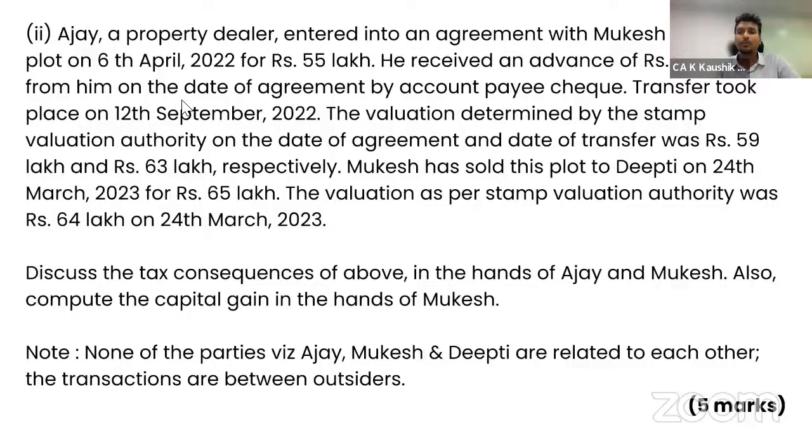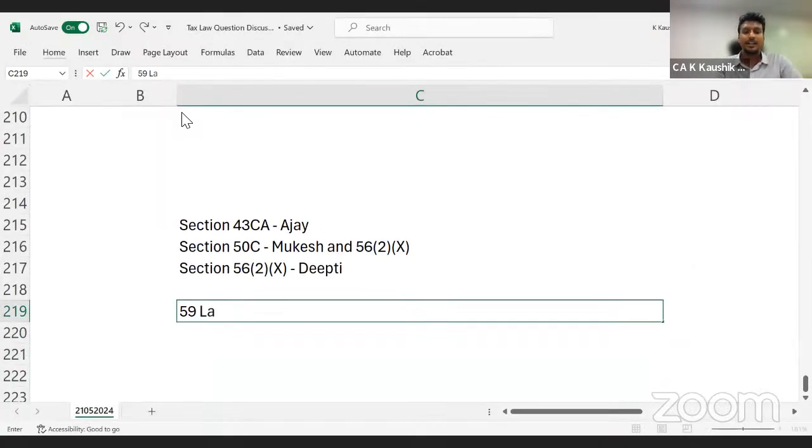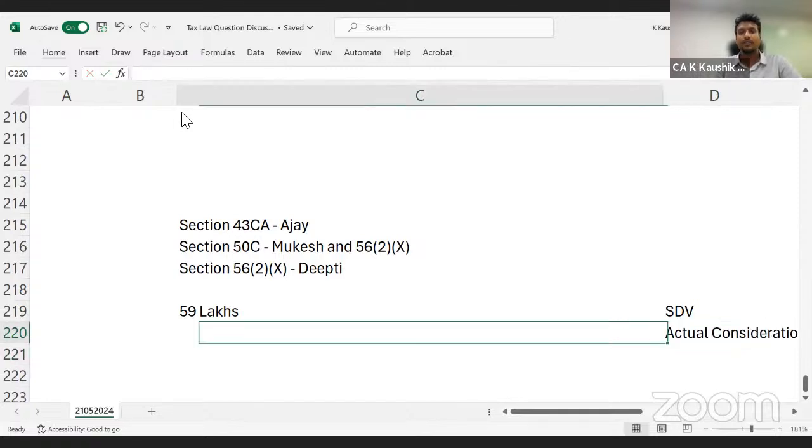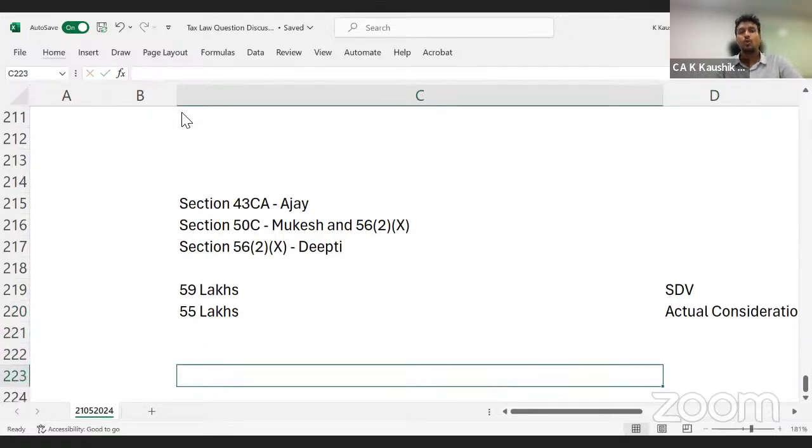So 59 lakhs is the stamp duty value. What is the actual transaction value, the actual consideration? 55 lakhs. So 10% variation is allowed, so 110% of actual sale consideration.